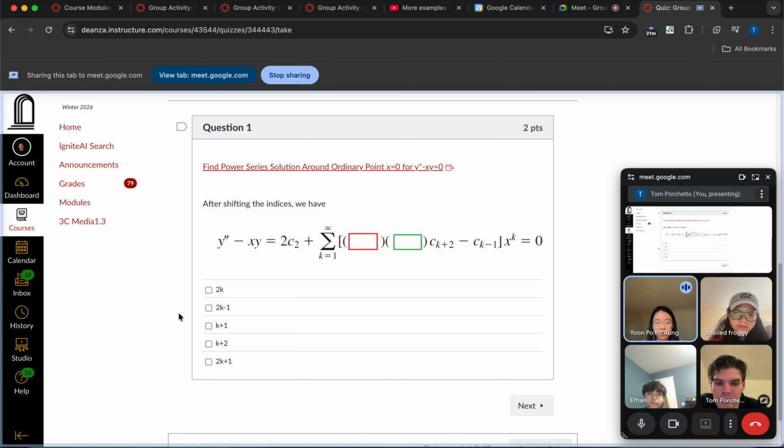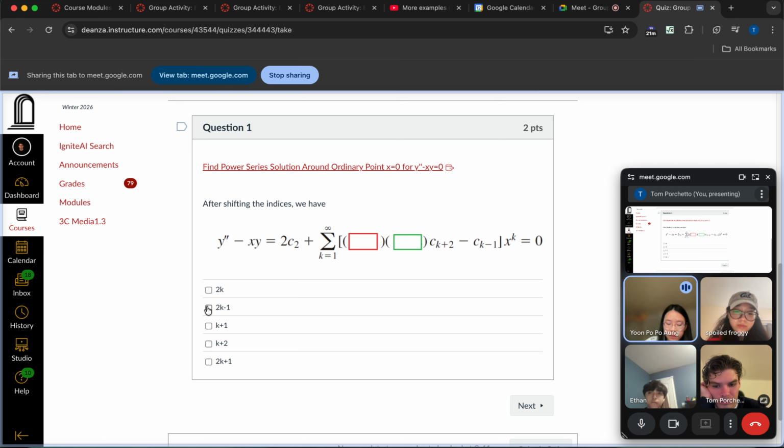When I take the derivative of that, I get C1 plus 2C2x plus 3C3x squared plus 4C4x cubed, going to infinity. For that, I get the summation of n equal to 1 of Cn times n times x to the power n minus 1.